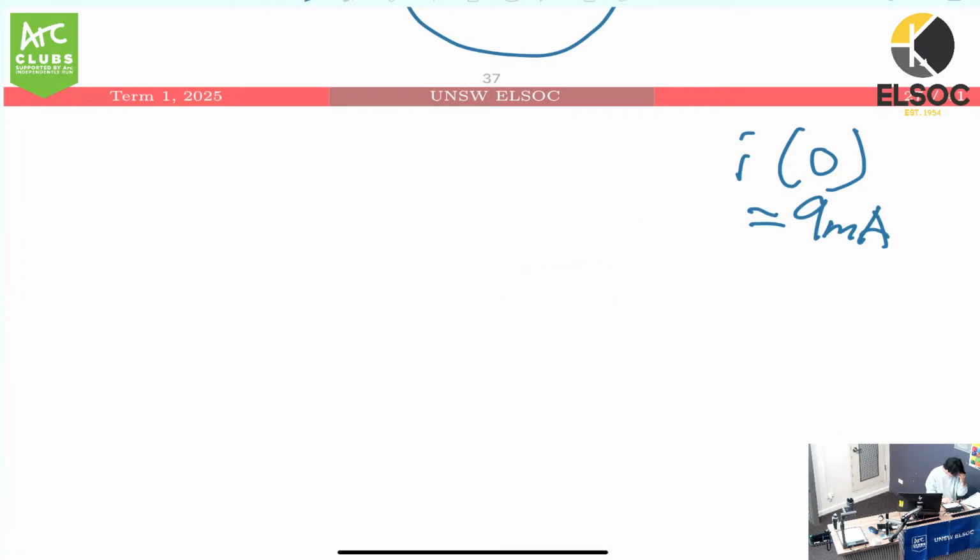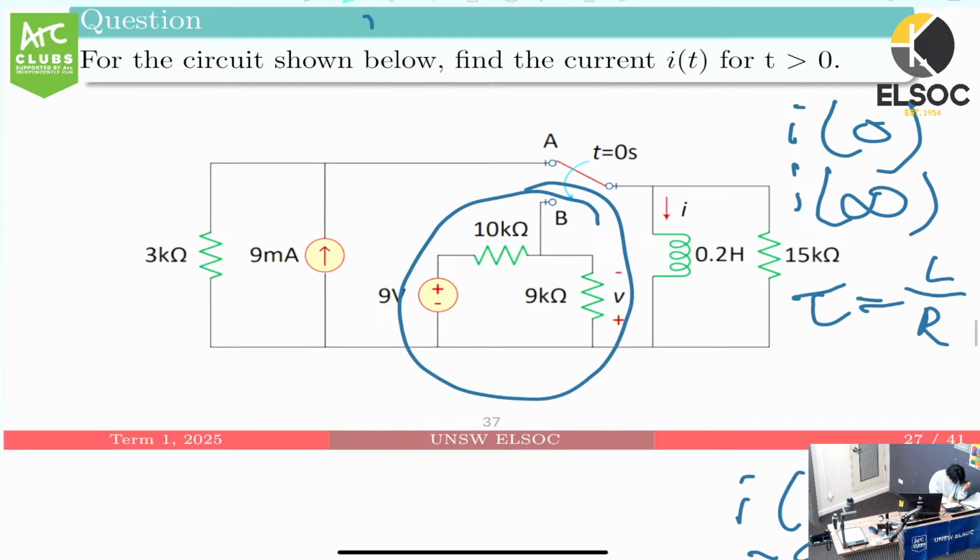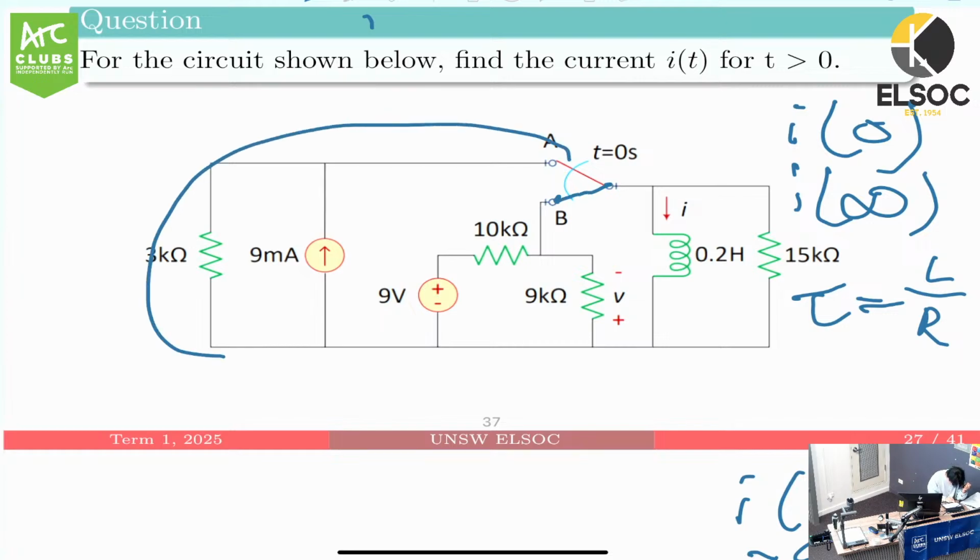The next part is I as we approach infinity. So this B is getting connected, so this section of the circuit is now redundant, for it is getting bypassed.